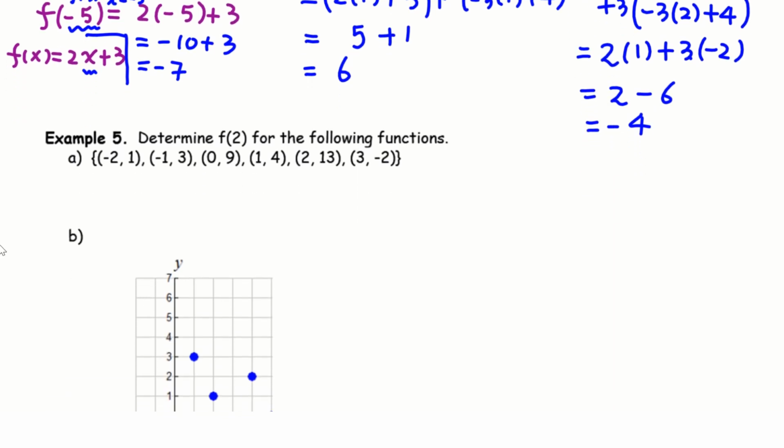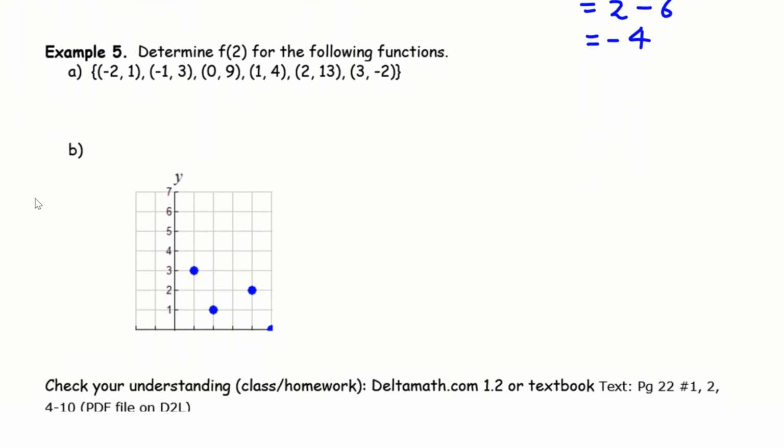Then the next one is see how you understand what f at 2 represents. So for function notation, f at 2 means when the input is 2, what's the output, what is the dependent value. When the independent value is 2, so we check independent value -2, -1, 0, 1, 2.